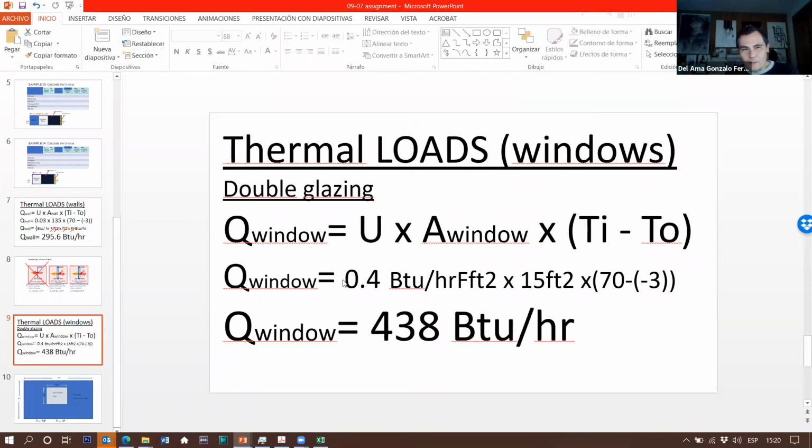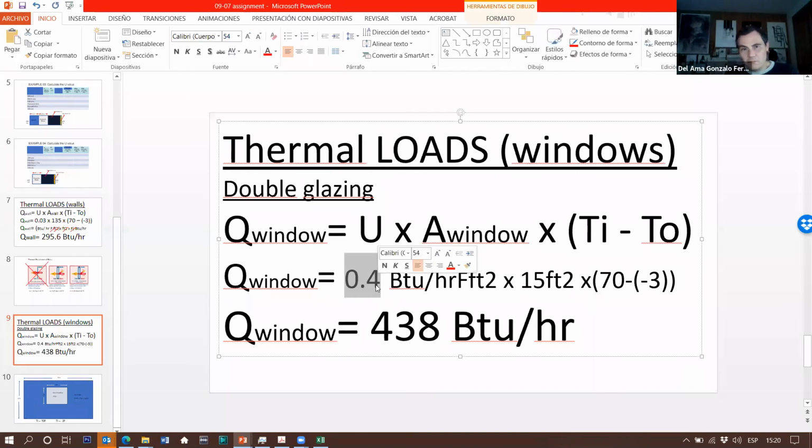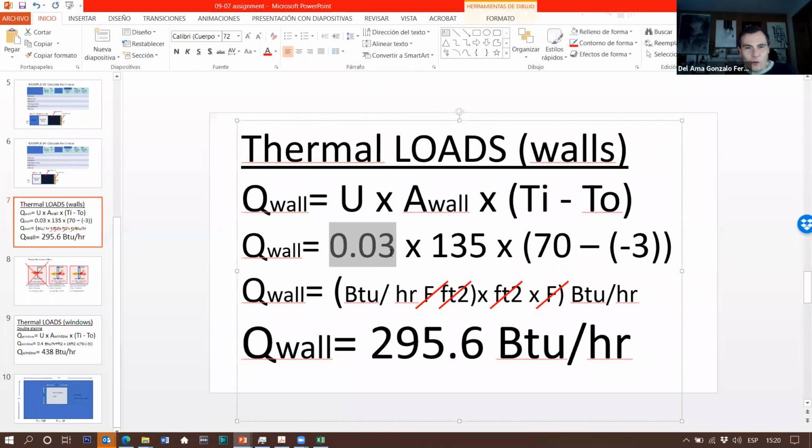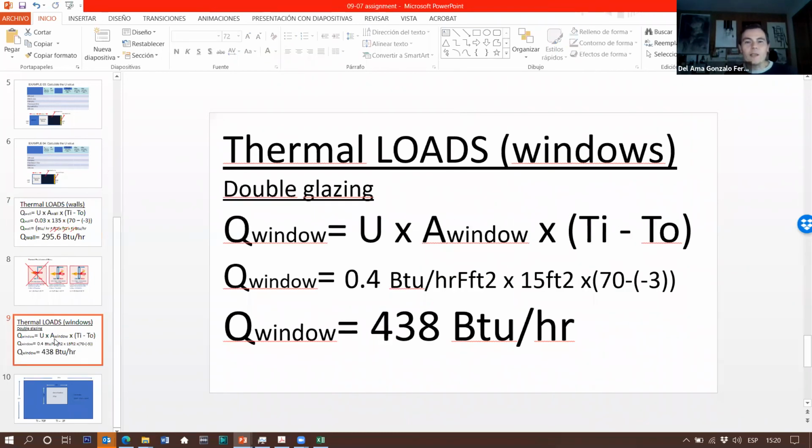Why? Because the U value of the window is 0.4. It's the usual U value for windows, not bad. But the U value for walls is 0.03, so it's much lower. Why? Because we have a lot of thermal insulation. We don't have thermal insulation through windows. So be careful with windows.